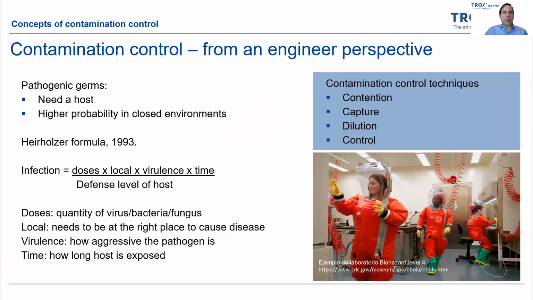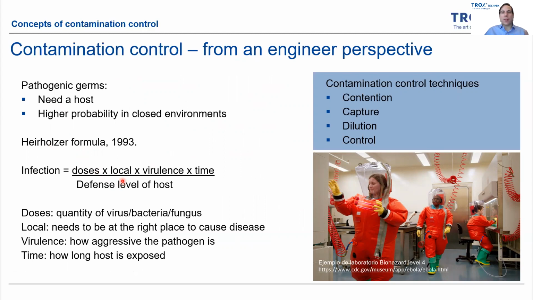And from the engineering perspective, how would we deal with the contamination? First of all, try to understand how the contamination can impact. Wells-Riley, Herrhauser, has developed a formula. The concept is that to generate an infection, we need a dose of a virus or bacteria.